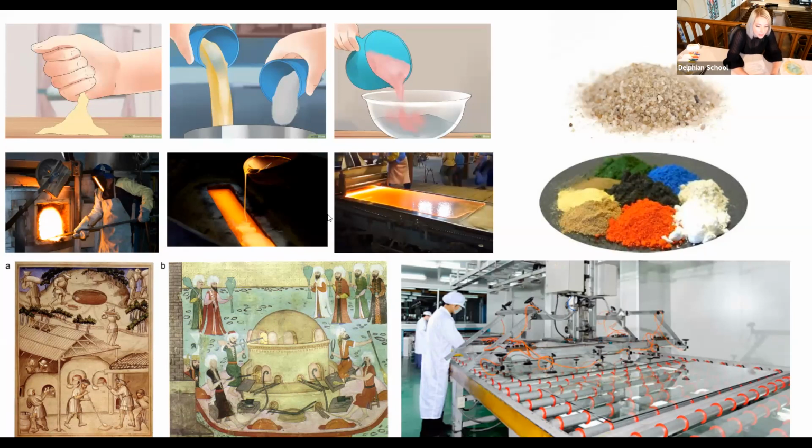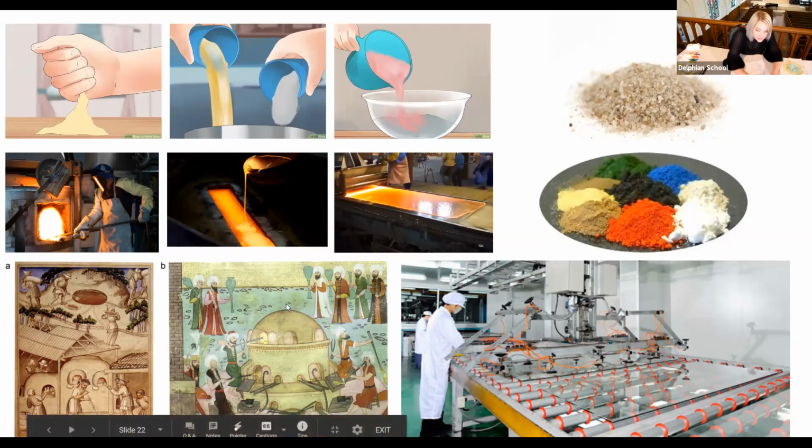And then they pour that glass into molds, or they blow it into shapes such as bottles, or they use this big kind of rolling pin where they roll out the glass. And you can see in the bottom left, that is a medieval painting or drawing of a glass factory and what that might have looked like at the time.